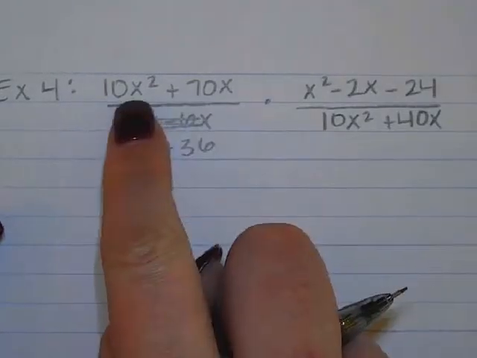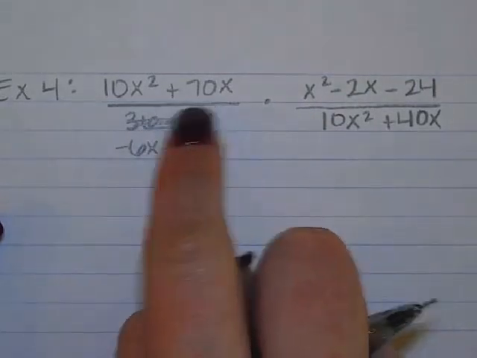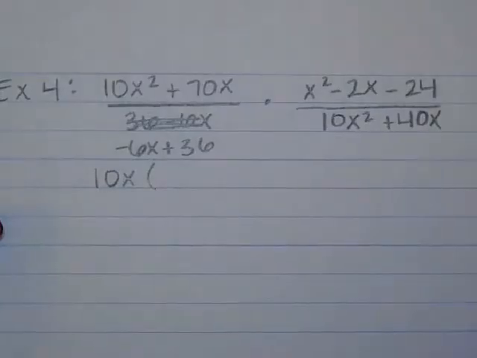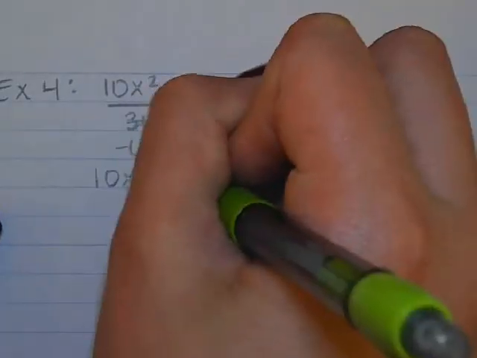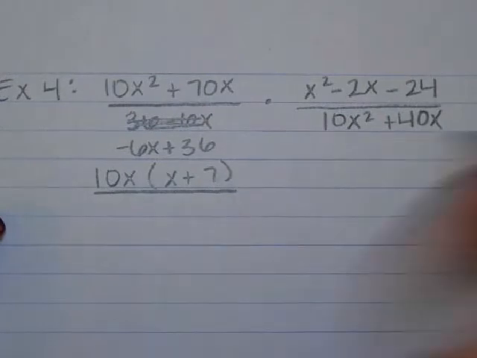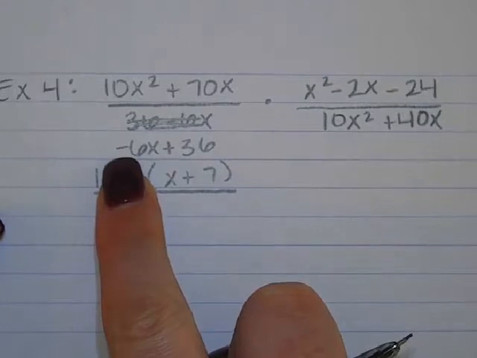So if I look at the top, what's the GCF? 10x. Okay, so we're going to take out the 10x, and what do we get? X plus 7. And then on the bottom, we know that if there's a leading coefficient that's negative, you take out the negative.